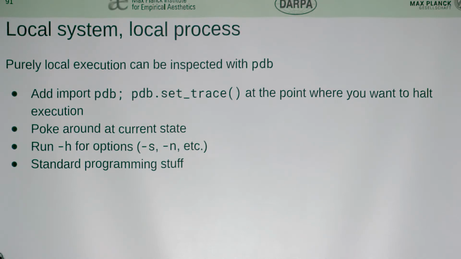So first scenario, this is a debugging strategy for local system, local process. I don't know if we talked about PDB at all, and if that's familiar to people. If it's not, it's a game changer if you haven't used it. You just add that at the point you want to inspect what's happening in the code, and it will stop execution, and you can inspect the value of variables.